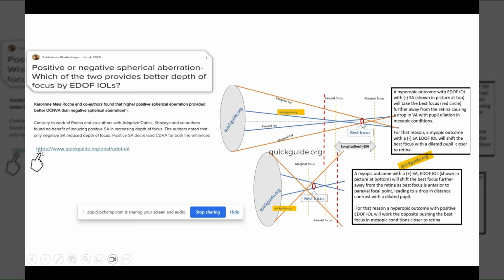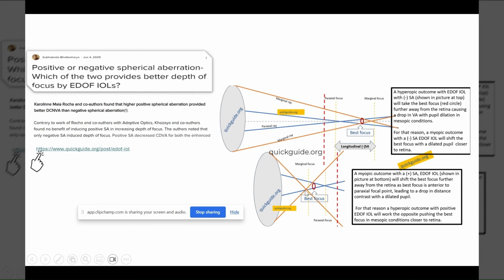If you have a hyperopic outcome, your patient's best focus in mesopic conditions will be further away, because the pupil is dilating and the best focus shifts away. You already have a hyperopic outcome, and the best focus shifts further away from the retina. But on the other hand, if you have a myopic outcome, that may be beneficial for an IOL which has negative spherical aberration, for the same reason.